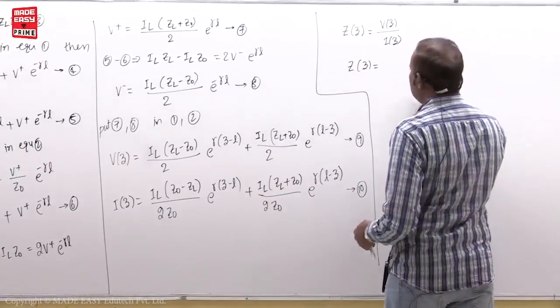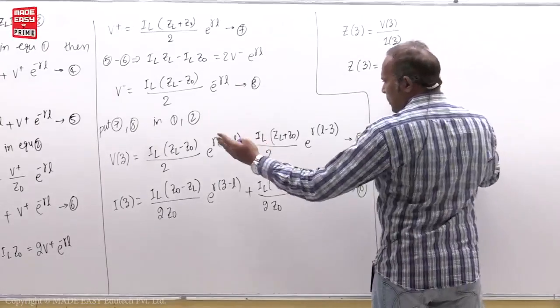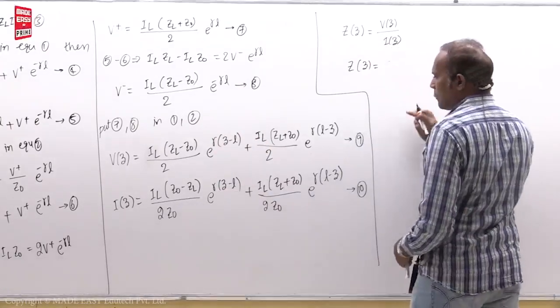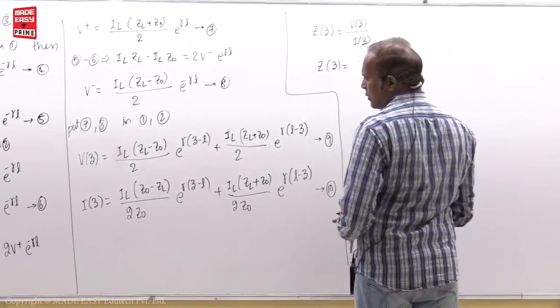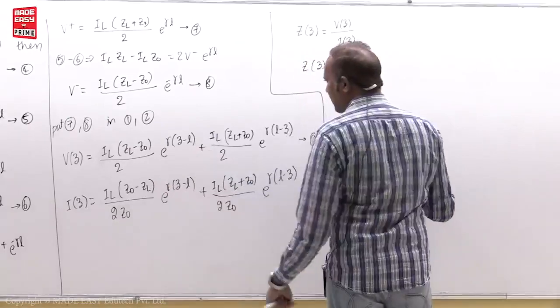So in the numerator, anyway some terms are going to cancel here, okay, let them be like this. Okay, IL by 2 cancels, no?